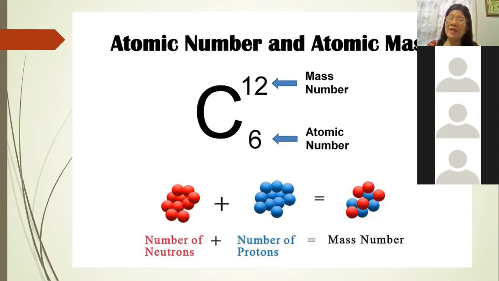Actually, how did we come up with this? If you look into the periodic table, it is arranged in a way that it starts with the atomic number. Hydrogen has an atomic number of 1, followed by helium, and so on. So the elements in the periodic table are arranged by increasing atomic number.